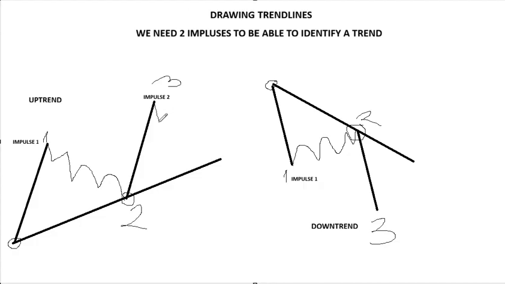If at all we get a correction like this and then an up move as well, then our trend line has to shift from this to this level. So we have to draw it like that. Same happens to the downtrend. If we get a correction, another push down, then we move our trend line to this and connect to this one.